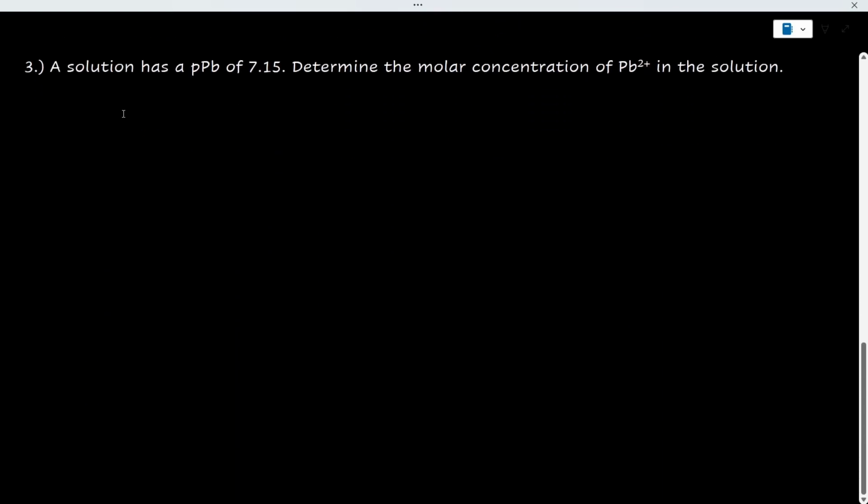A solution has a pPb of 7.15. Determine the molar concentration of Pb2+ in the solution. We're given the p-value, our px, 7.15, and we need to determine the molar concentration of Pb2+. So this is our x.